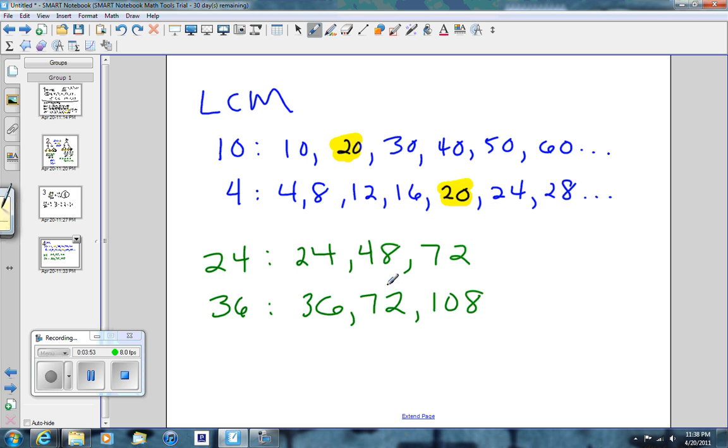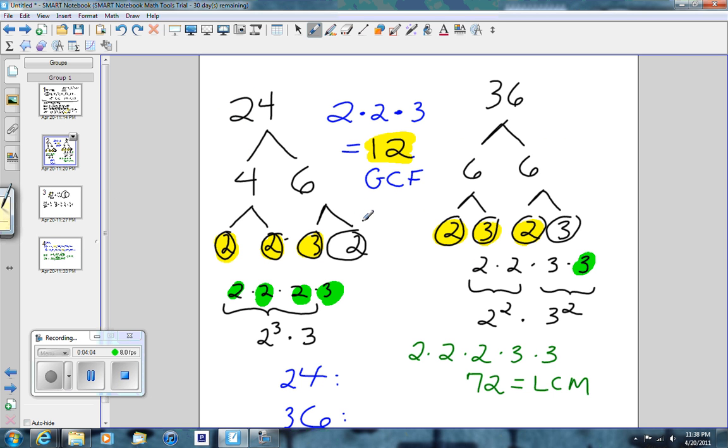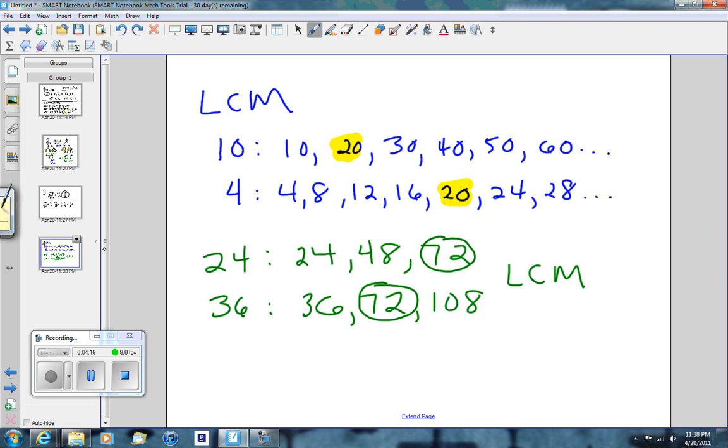Well, I can stop because I see that I've got my 72 right here, and that's the lowest common multiple. Whether you use the factor trees, some people like these and remember how to find the lowest common multiple and the greatest common factor from them. But if you think you're going to get confused, you might want to simply go back to remembering that you've got to create a list here. That's how you find the lowest common multiple.